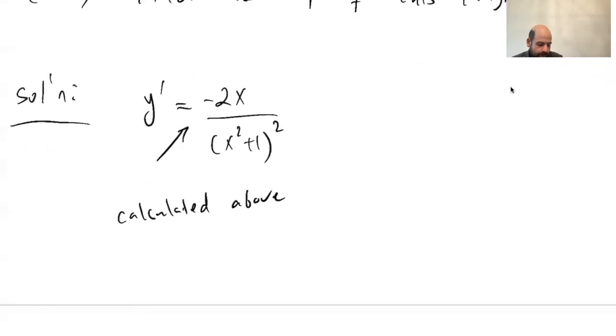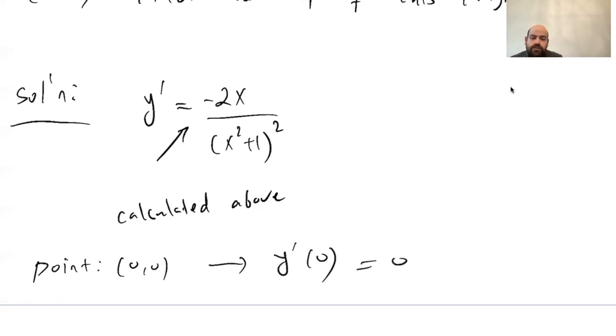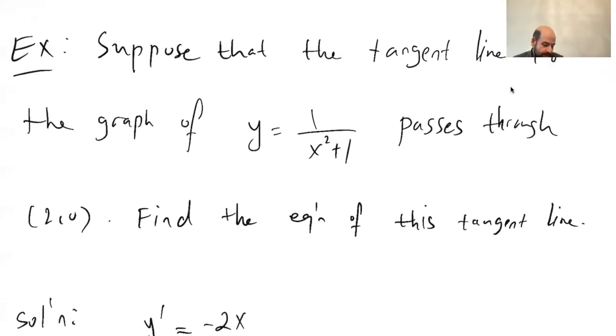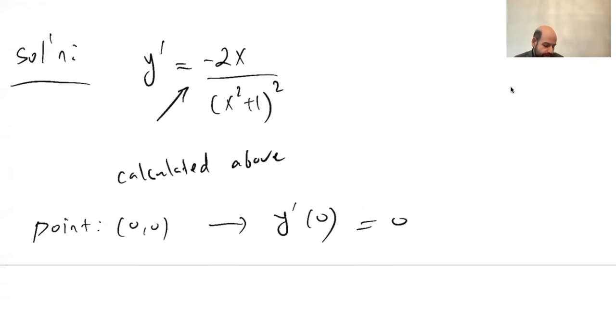Right? And the point here, what is the point? The point is 2 and 0. So if I replace x with 2, what do we get?